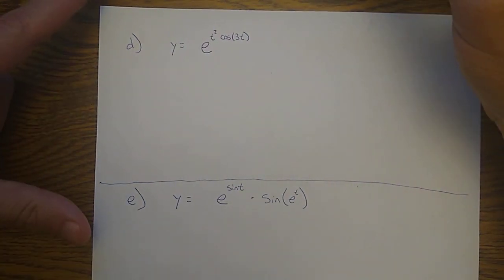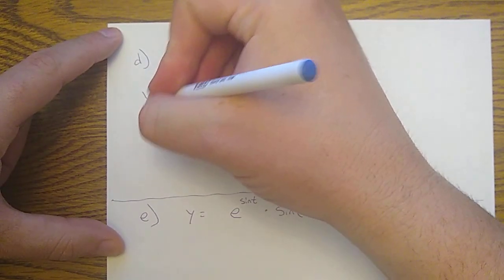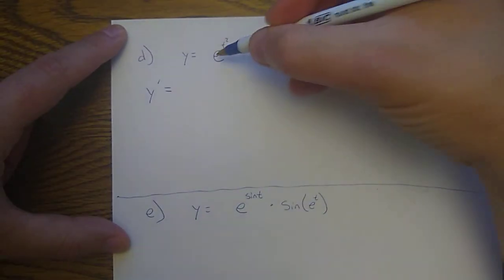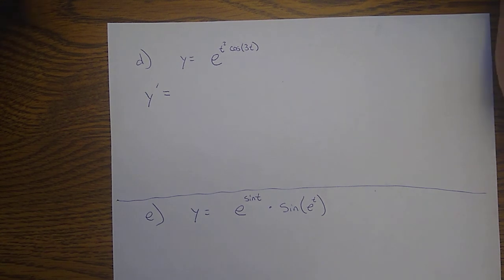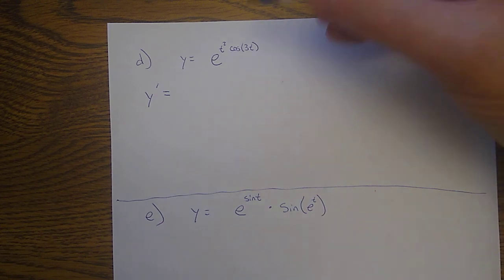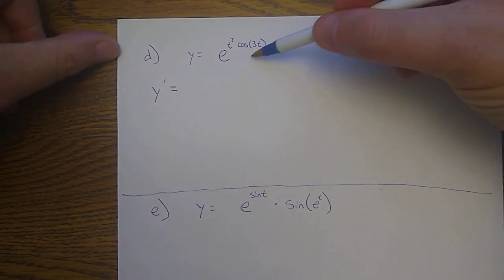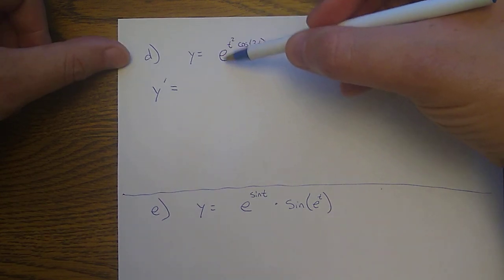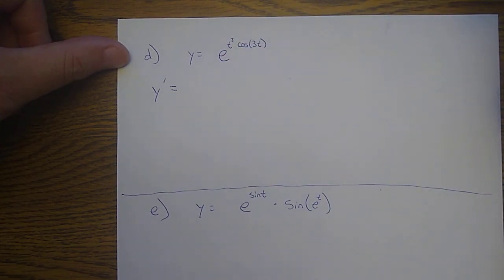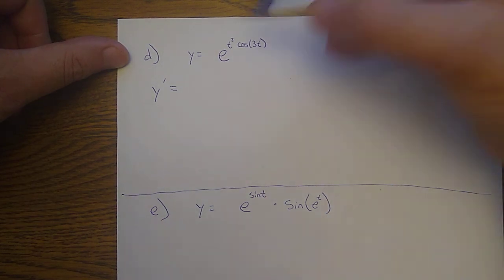So when I see something like this, the first thing I think about is what I call the big picture. What I would say the big picture is here is that I'm doing the chain rule. If I just had e to the t, I would know how to do the derivative of that. Of course, I don't have e to the t.